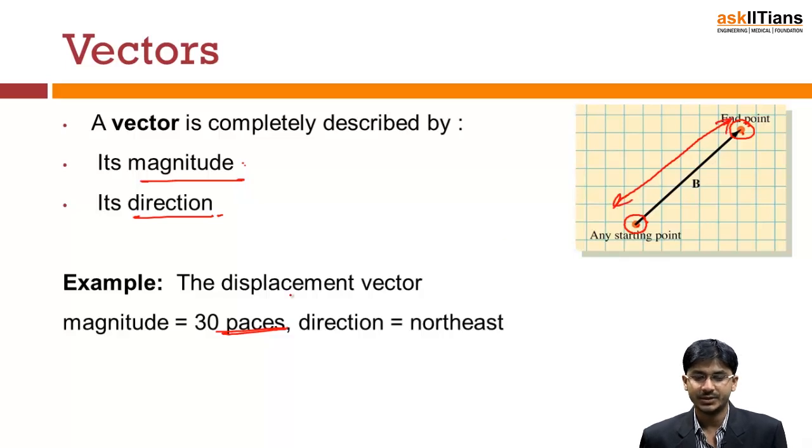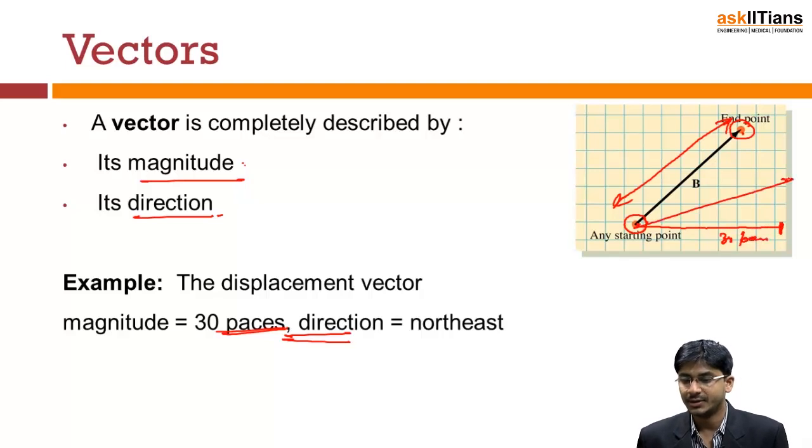Now for the displacement vector magnitude, we calculate how many steps he took and find out that it was 13 paces. But if I only tell that it was 13 paces, he may have moved in this direction. If I take this as 30 paces, he may have moved in this direction at 30 paces. So these are all 30 paces, but he can land at different places if you don't tell the direction.